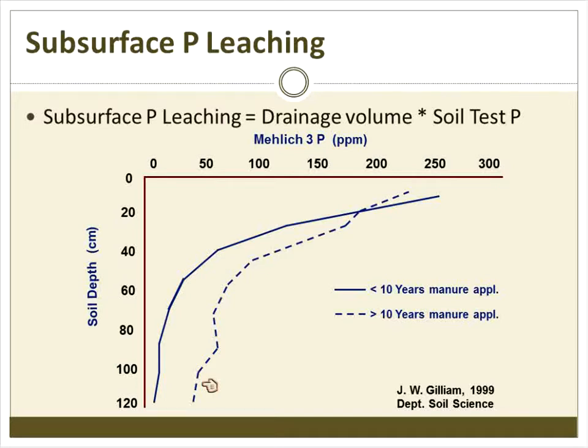One of the things about the subsurface leaching is that if you are on a sandy textured soil, you will have to get a soil sample at 30 inches, and we'll talk about that a little bit later. It will require that because that's part of the calculation.